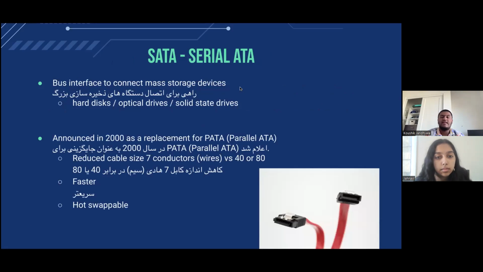So SATA, serial ATA, as you saw earlier, is a bus interface to connect mass storage devices together. This can be anywhere from hard disks to optical drives to solid state drives.